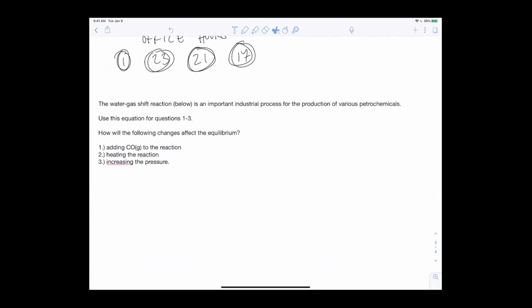So our reaction that we're looking at is carbon monoxide, a gas, and then we've got steam, which is also a gas. And then we know that the delta H for the reaction is equal to minus 41 kilojoules per mole.